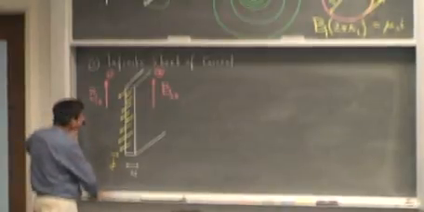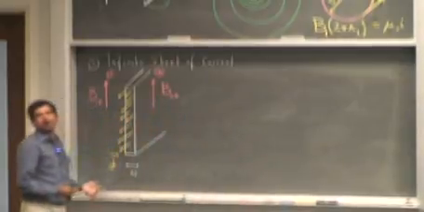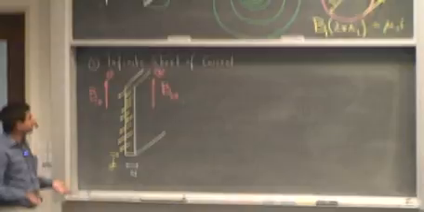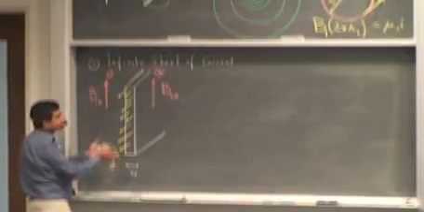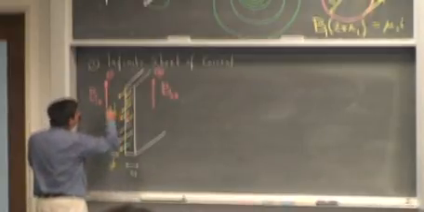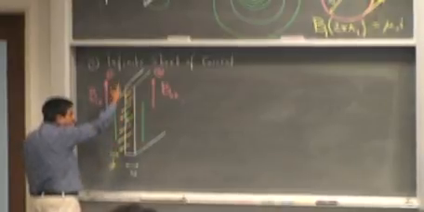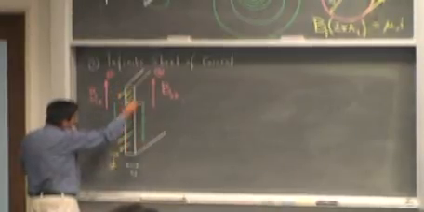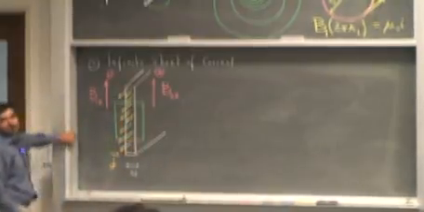Now let's make an Amperian path, like a Gaussian surface. Let's make an Amperian path which is rectangular, which conforms to the symmetry of the sheet, which means that it has two sides, one on side 1, one on side 2, and these sides are parallel to the sheet, and two sides along the width that are normal to the sheet.